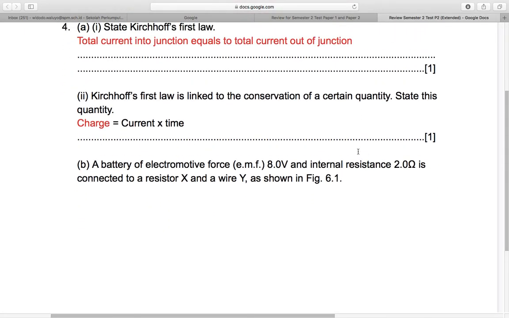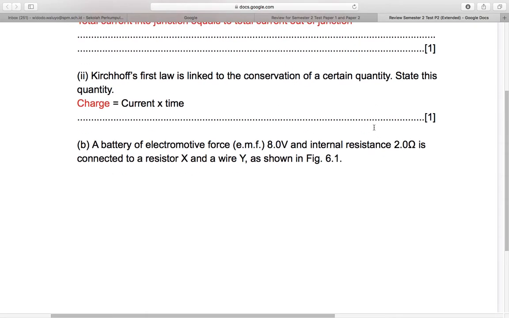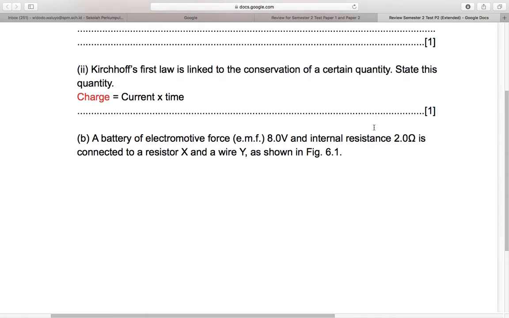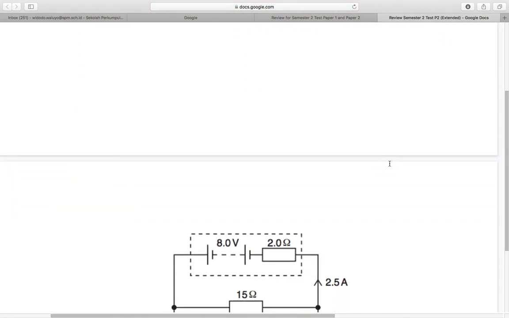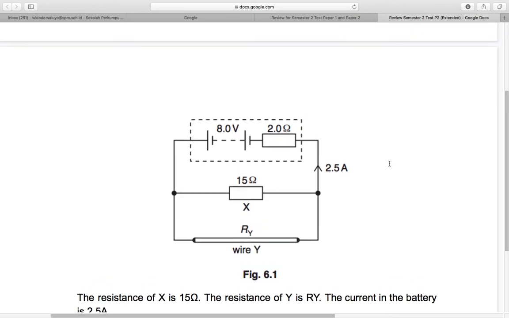Okay, B question. A battery with electromotive force EMF of 8.0 volt and internal resistance 2.0 ohms is connected to resistor X and wire Y as shown in figure 6.1. We have a diagram like this.